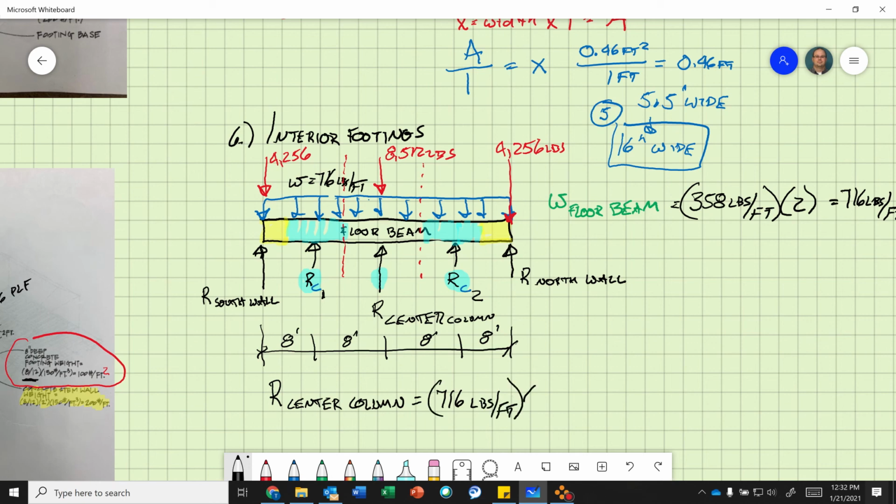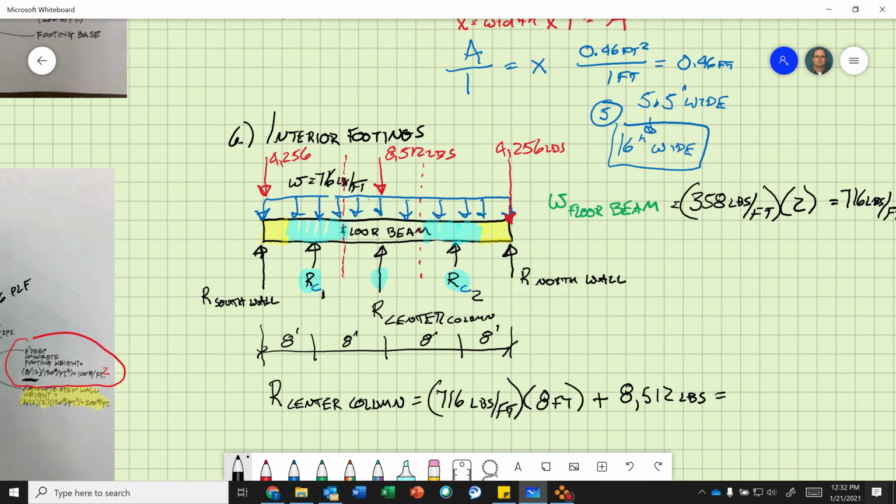I'm going to multiply that. So 4 feet here and 4 feet on this side, so that's times 8 feet plus 8,512 pounds. And that'll be my reaction in the center.